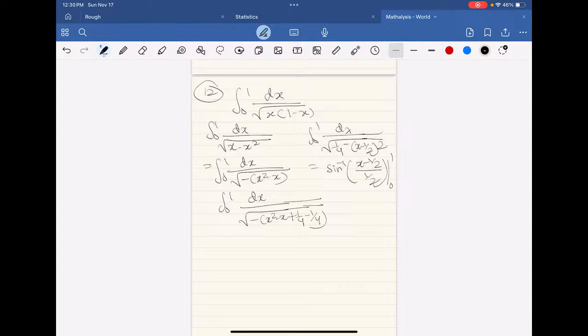And now at 1, that's just 0, minus sine inverse of at 0, this is minus 1, and sine inverse of minus 1, if I use that it's odd, this will just be sine inverse of 1, which is pi by 2, and that should be the answer, right?